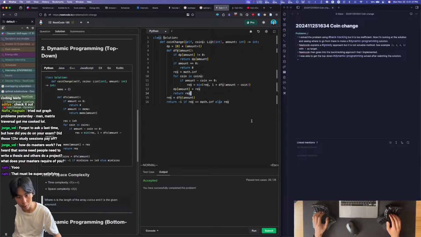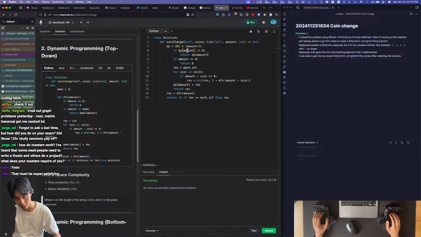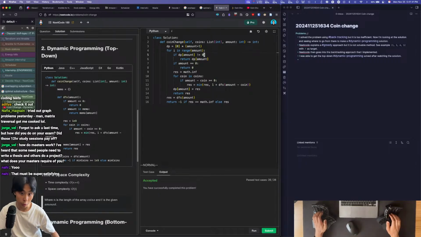So bottom up requires no DFSs. It requires for I in range of amounts where we start from 0 all the way up to 7 maybe.